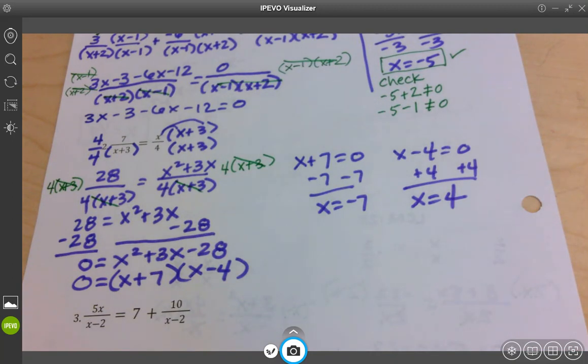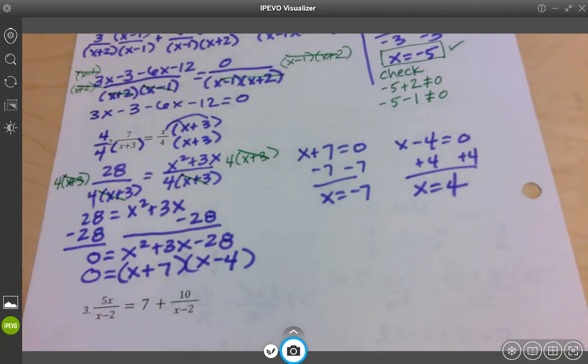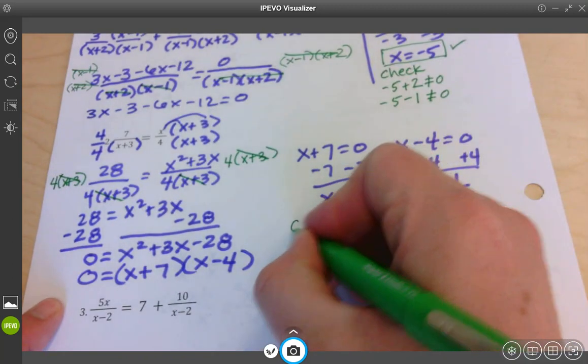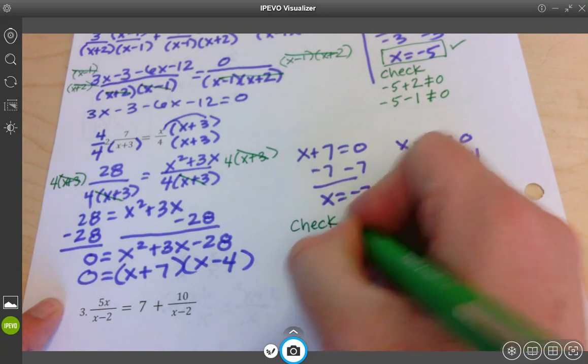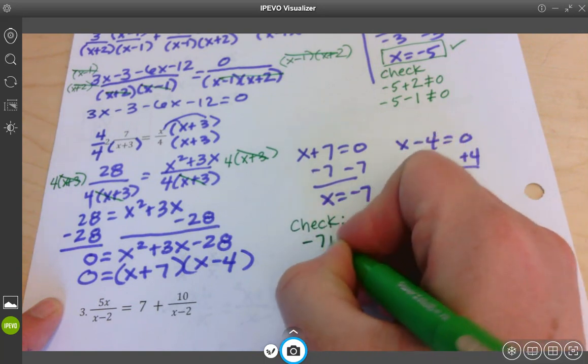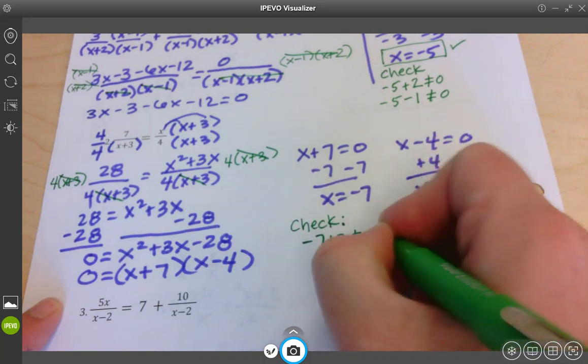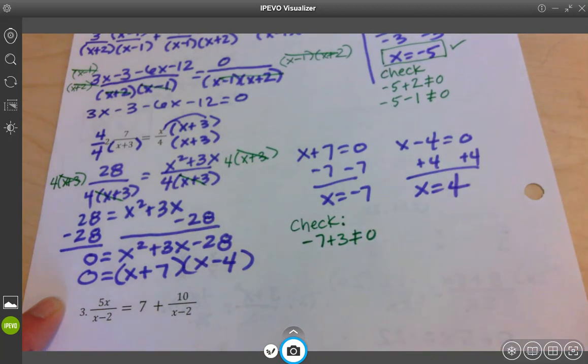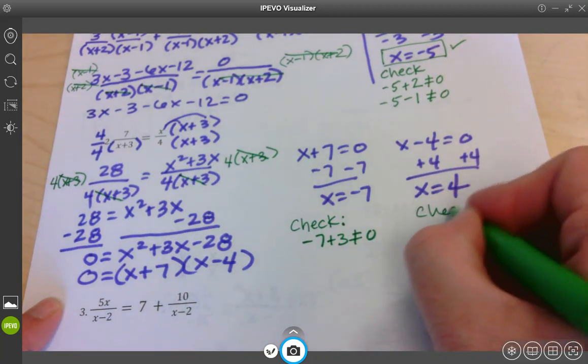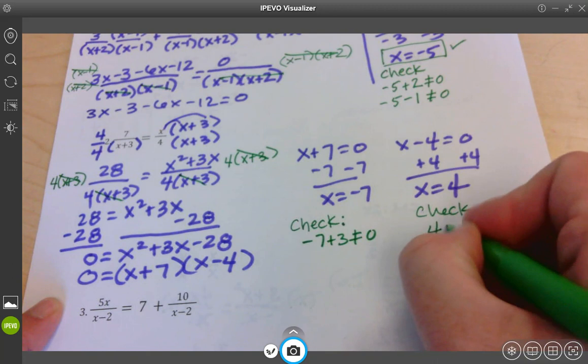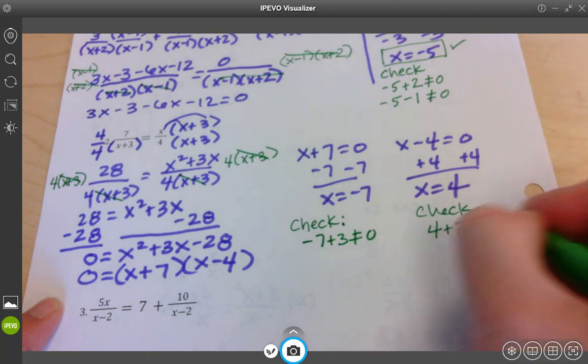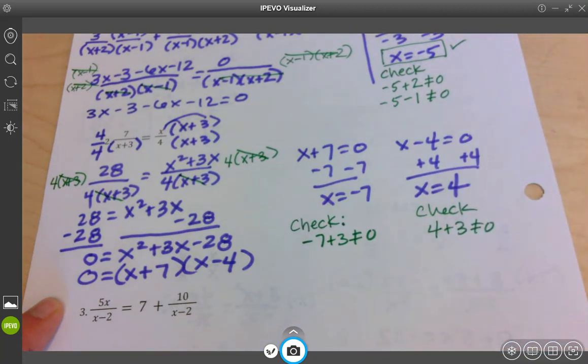We have to check both of them. So looking at your denominator, I've got an x plus 3 in the denominator, so I just need to check that they don't make my denominator 0. So negative 7 plus 3 is not 0. That's good. 4 plus 3, that's not 0, and that's good. So that means they check out.